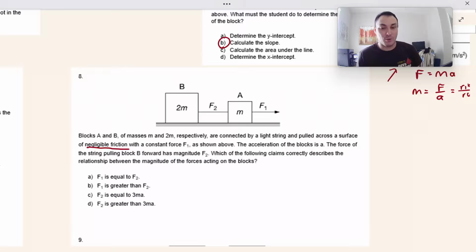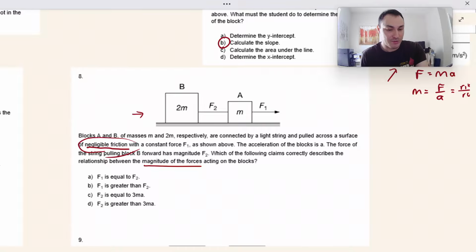For example, is there friction or not? The diagram doesn't tell me, so I look for that in the paragraph, and it says negligible friction. I'm also looking for what the question is asking, and this question asks to compare the magnitude of forces between F2 and F1. The rest of the information the picture shows me.